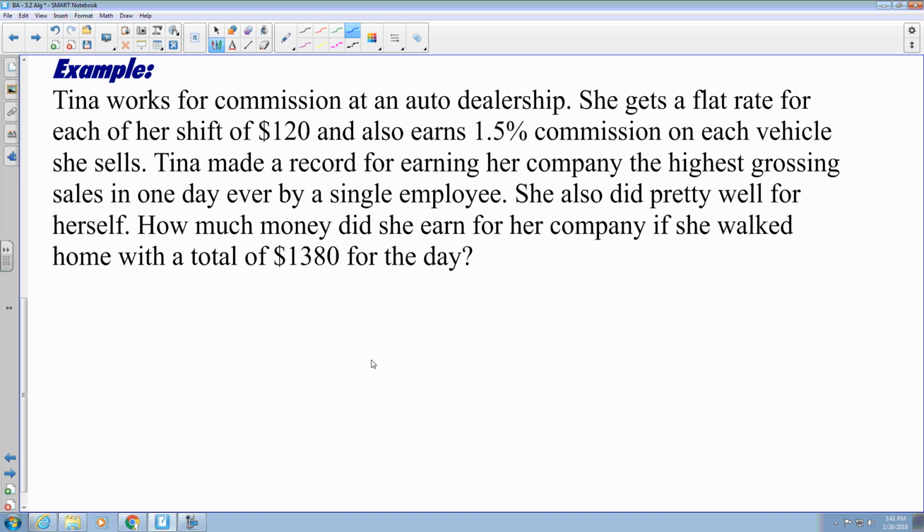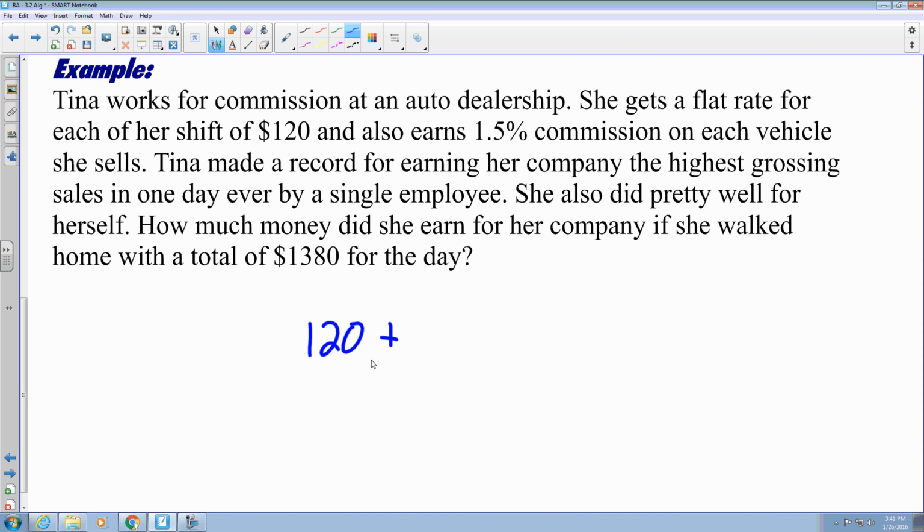So if you look at the problem, it says that she gets a flat rate. Each of her shifts is $120. So if she sold like 0 cars that day, that's how much she would make. So there's no variable attached to it, so we're going to say 120 plus. We know that she makes 1.5% commission on each of the cars she sells.